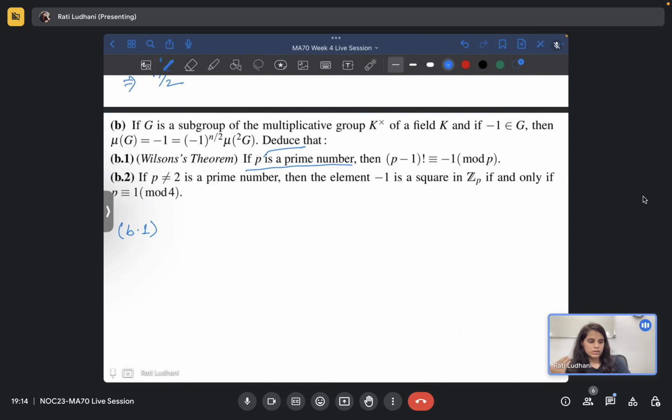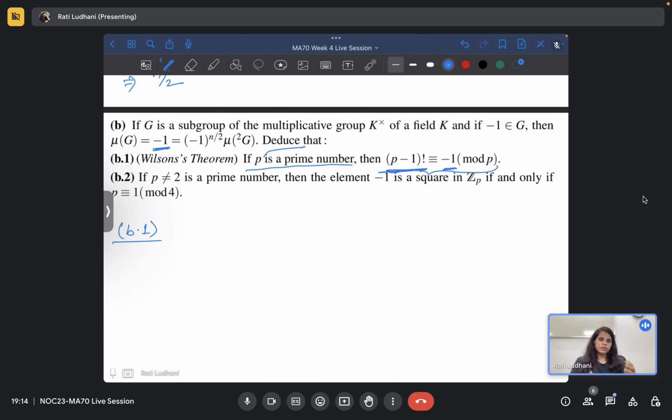So now what choice of G can I use? G is K star, K cross. What do you suggest? Think here, what we need is minus 1 mod p, so minus 1 looks like this.